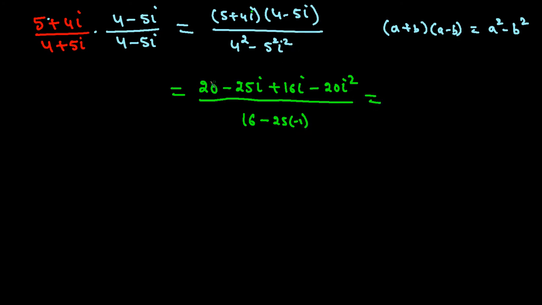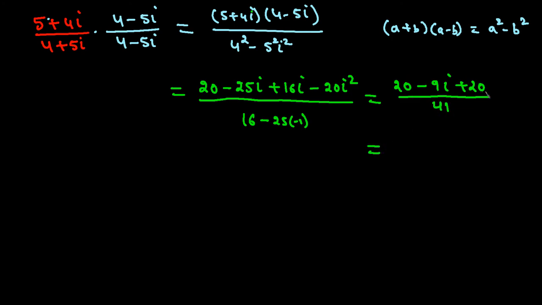So on the top we got 20. Okay, negative 25i plus 16 iota is negative 9 iota, and iota square is negative 1, so negative into negative becomes positive, so we got positive 20. In the denominator we got 16 plus, the negative and negative is positive, so 16 plus 25 is 41.